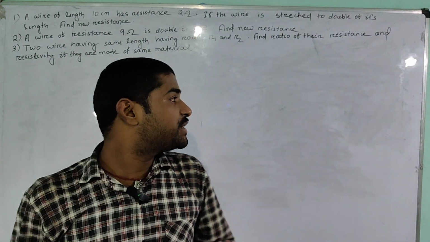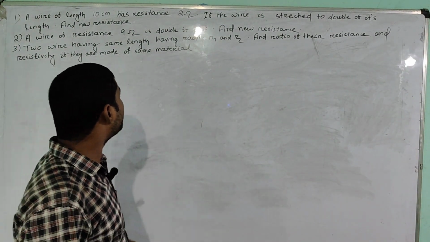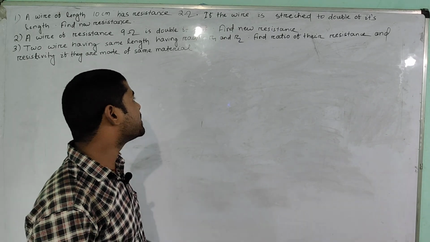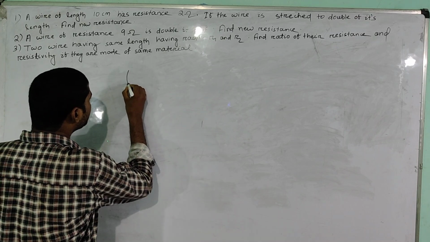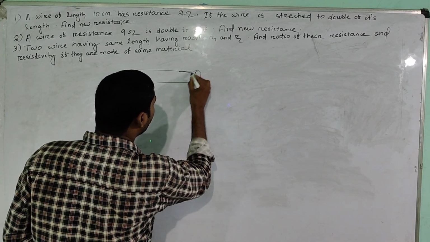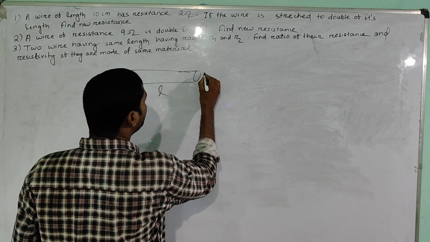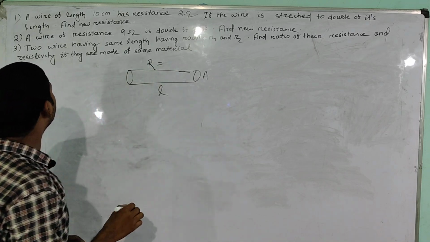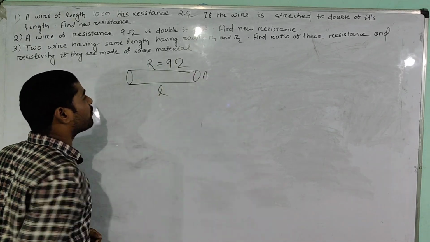Next, the second question is: a wire of resistance 9 ohm is doubled on itself. Find the new resistance. Let us consider a wire of length L and area of cross section A, and the resistance given for this wire is 9 ohm.